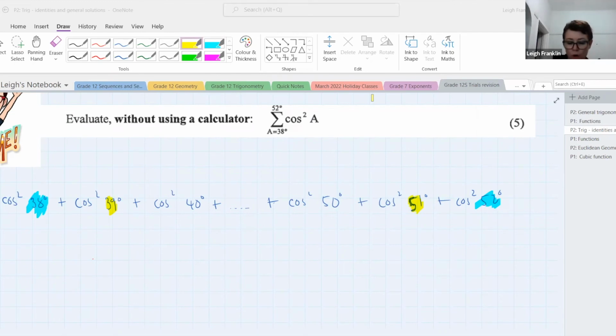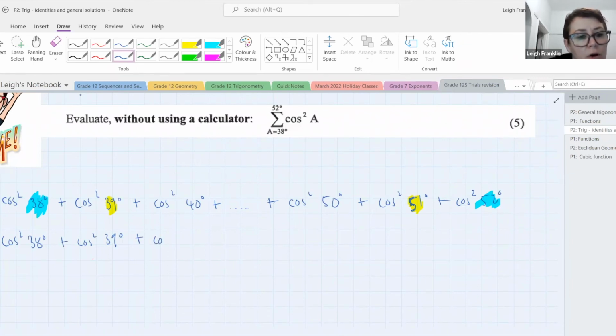So when we've got complementary angles, it means we can write cos in terms of sine or sine in terms of cos. So if we choose to keep the beginning bit the same, cos squared 38 plus cos squared 39 plus cos squared 40, we can start changing the end.